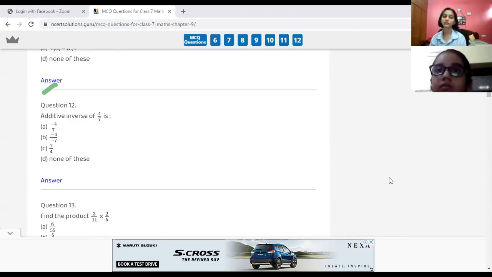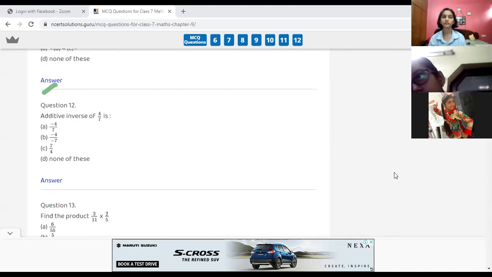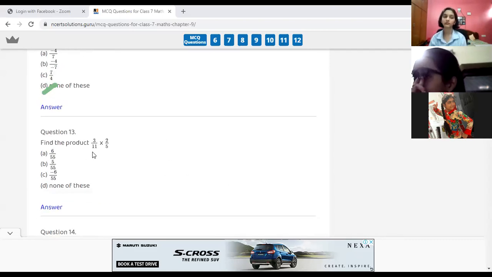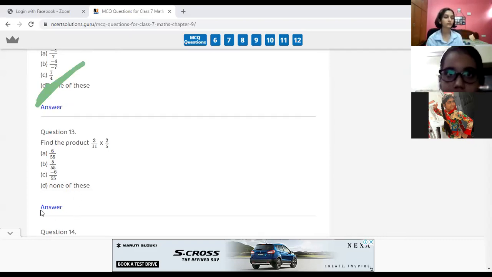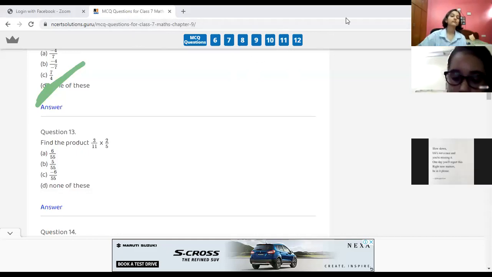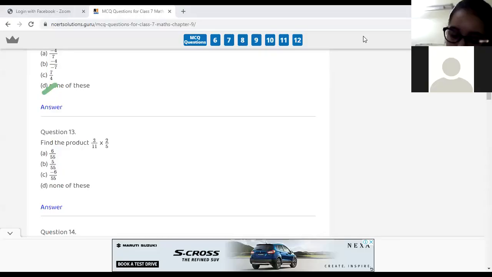Yes, Guneet. Next answer: additive inverse of 4/7. Ma'am, -4/7. Yes, exactly. Now everybody solve this 13th question. How do you find the product?